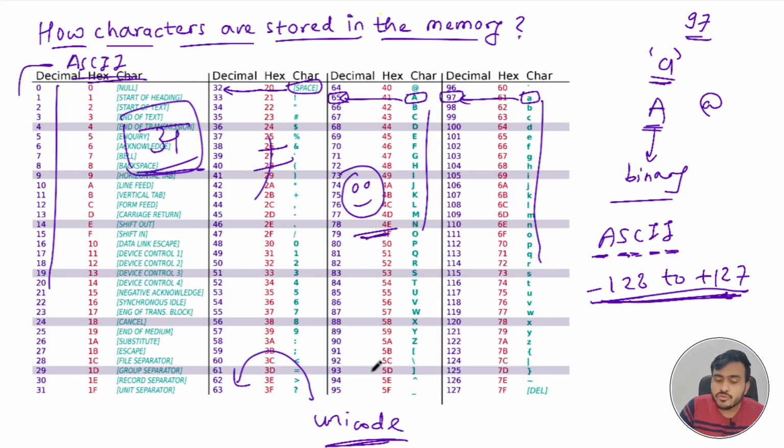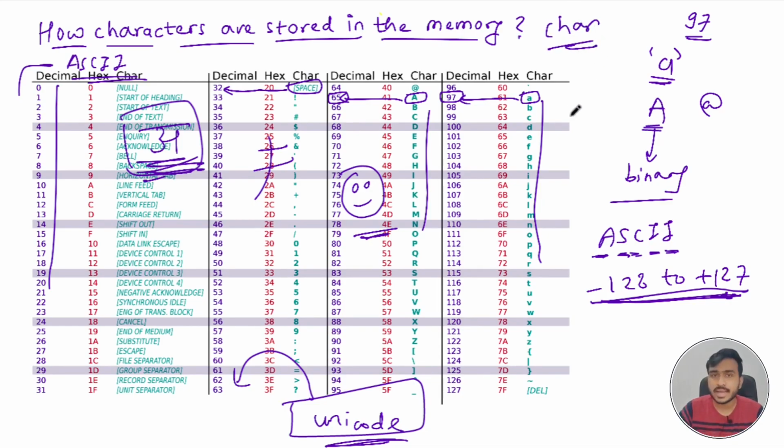C++ also has support for Unicode. If you want to deal with Unicode, or store characters like this in C++, you cannot use the normal char data type, because the normal char data type supports ASCII. It's made for ASCII code, right?